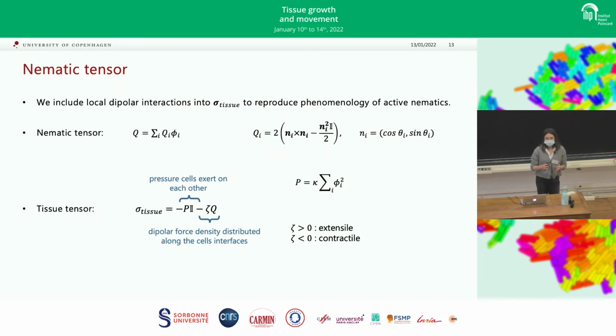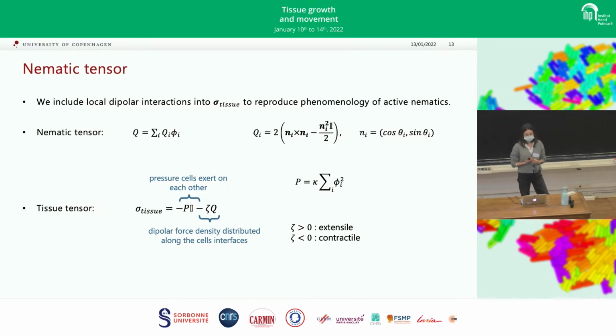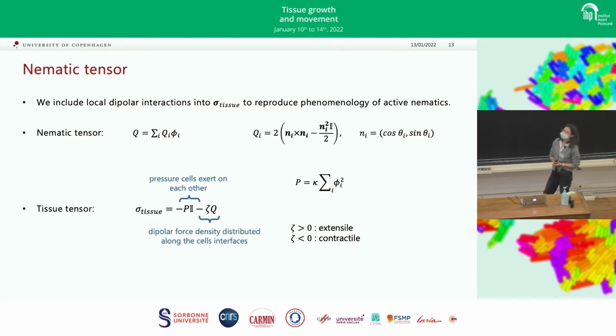And since we want to see the nematic behavior in our model, we include dipolar interactions into this stress tensor. So we define a nematic tensor, which is essentially the orientation of the cell, as Q. So Q_i is for a single cell and Q is for the whole tissue.